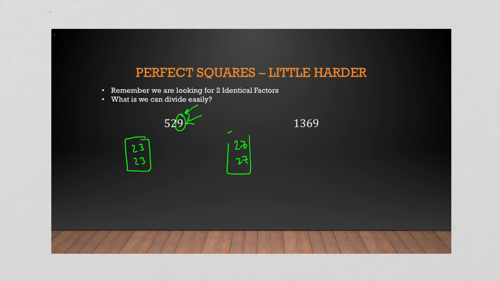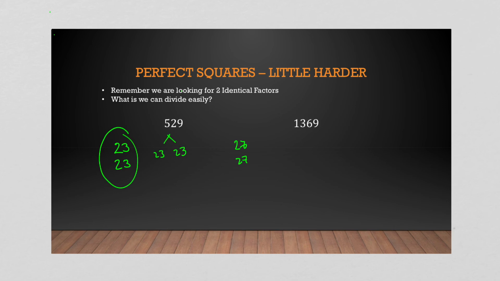How do I decide? Well, you can just multiply them together, or you can consider the fact that if you were struggling to divide these things, 23 is a prime number. So if 529 is a perfect square, it would kind of make sense that it's 23 times 23. Just give it a whirl. Do the multiplication, see what you get.